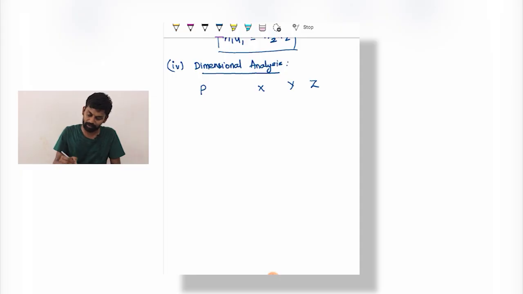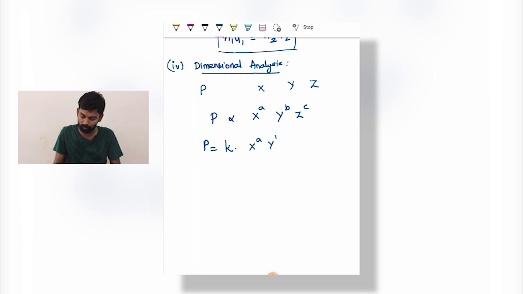So I can write P is proportional to X power A, because I don't know how X is affecting P. Likewise, I don't know how Y is affecting P, and likewise, I don't know how Z is affecting P. So I can write it as X power A, Y power B, Z power C, or P is equal to a constant K into X power A, Y power B and Z power C, where this K is a dimensionless quantity.